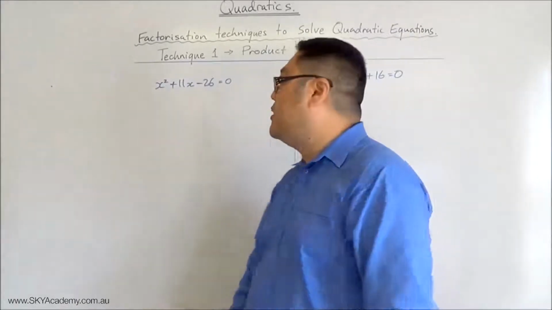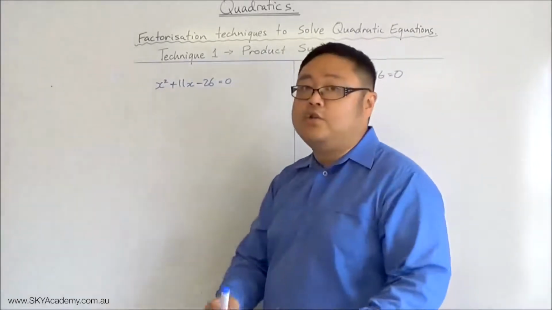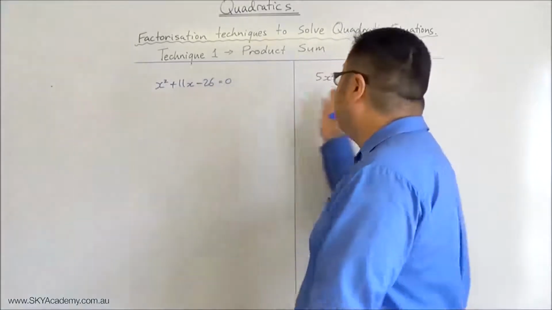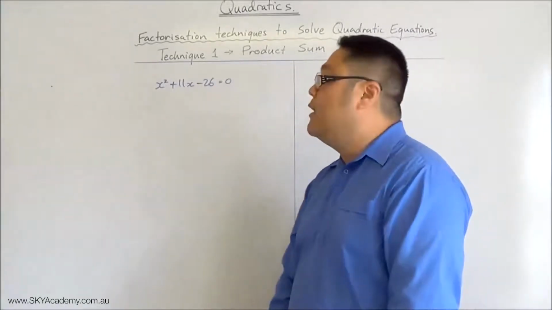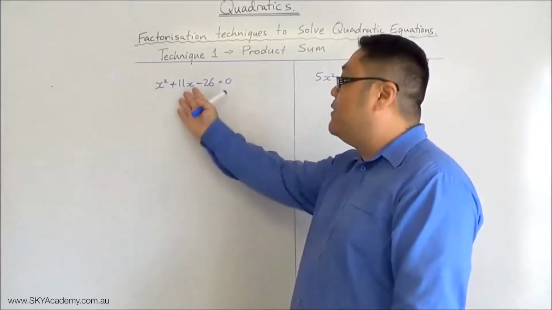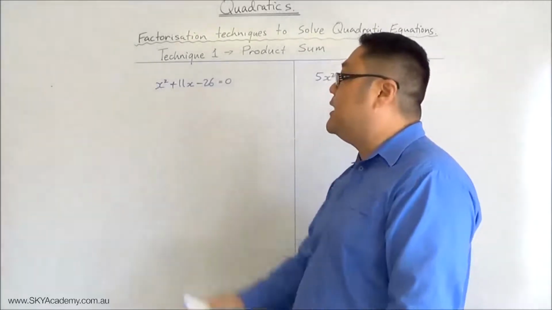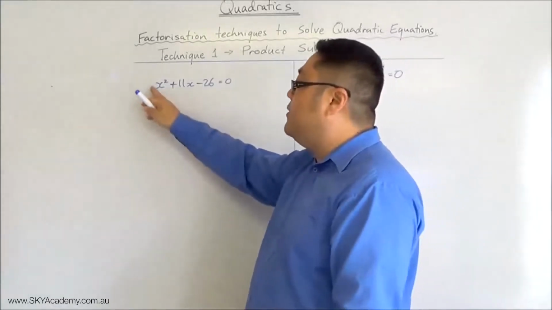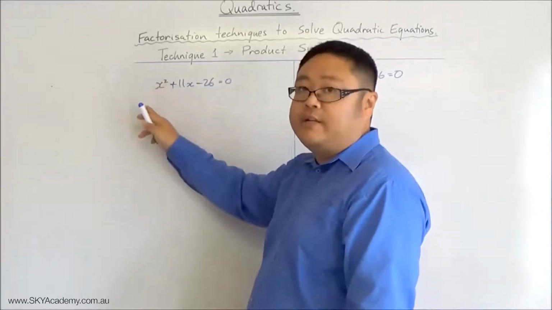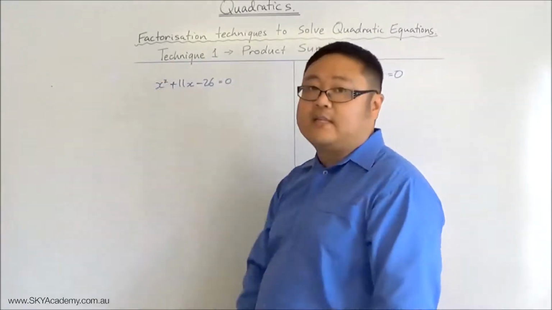I'm going to do 2 examples for you, this one and this one. Let's start with this one. This one is a special example because there is no number written in front of the x squared term.